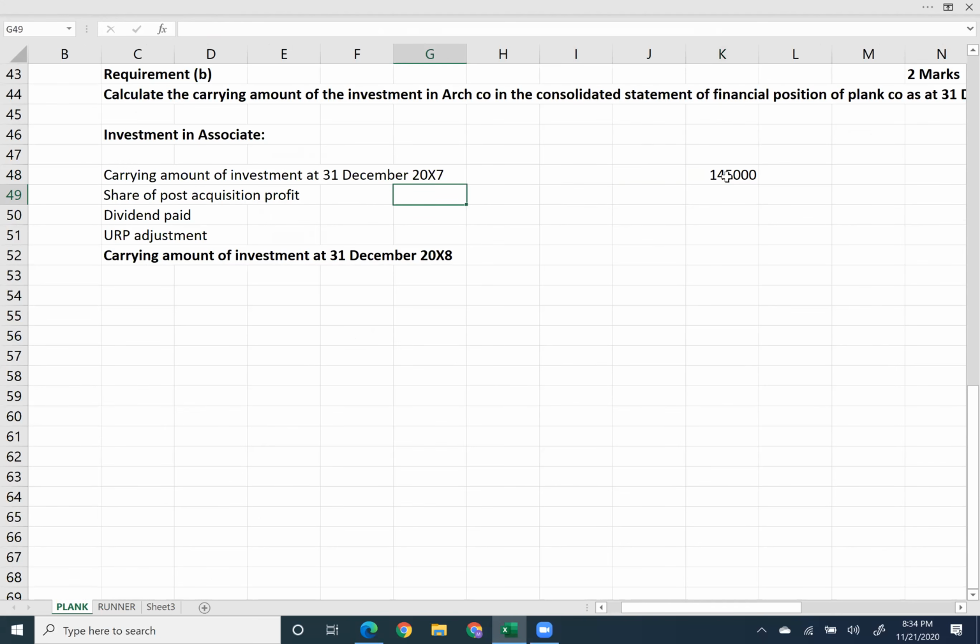You remember our profit in this question was 92,750, and you have to multiply it by your holding of 0.35. 92,750 times 0.35. Oh, sorry, my mistake, let me check the number again.